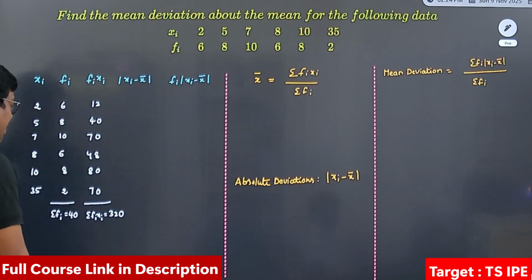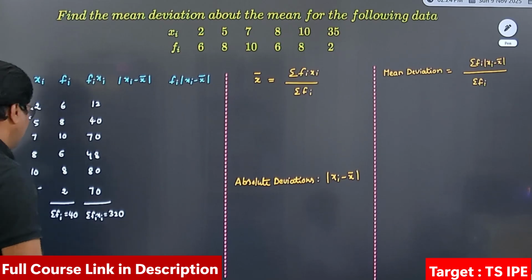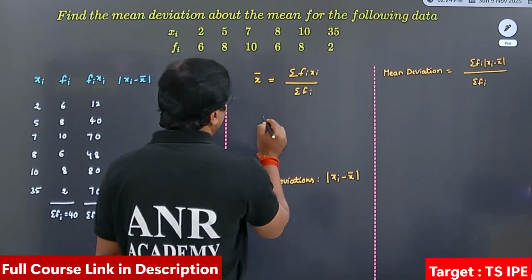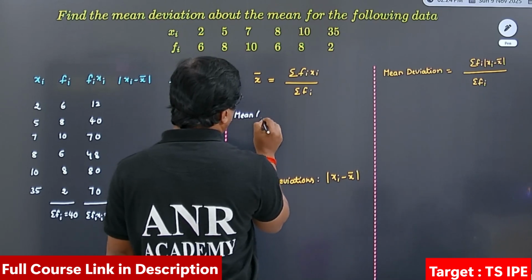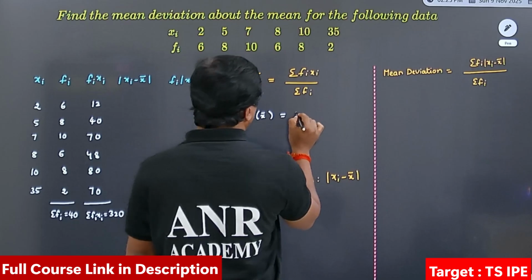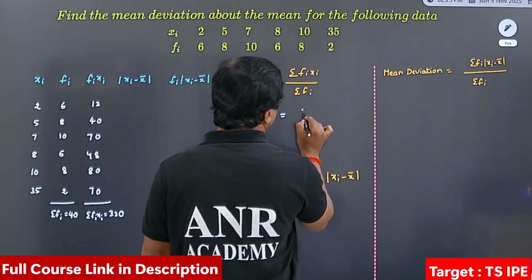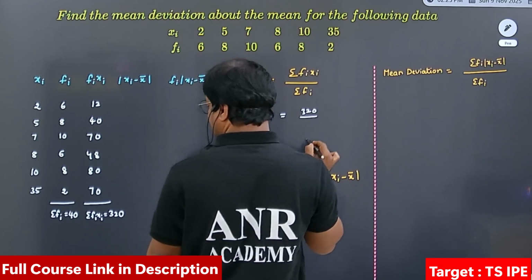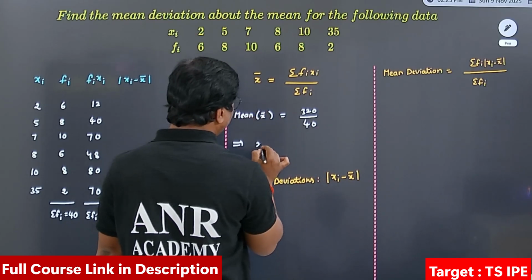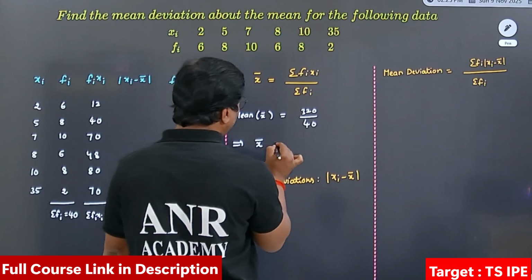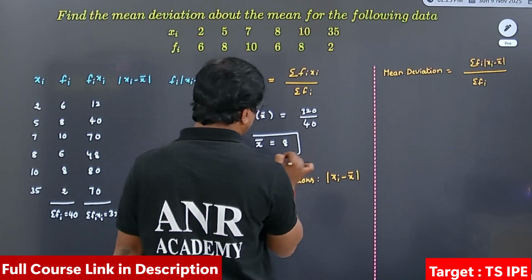This is summation fi xi value. Now mean x bar becomes summation fi xi value, you have 320 divided by 40, implies what we get, mean x bar equal to 8.